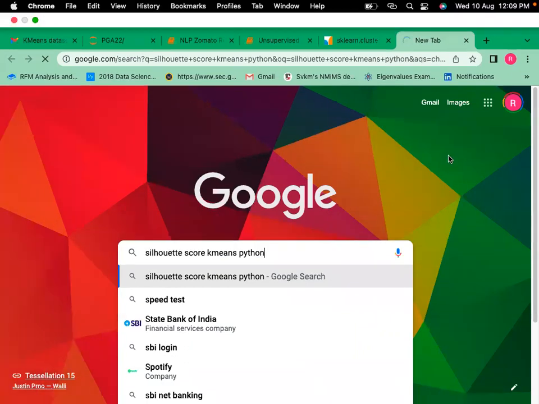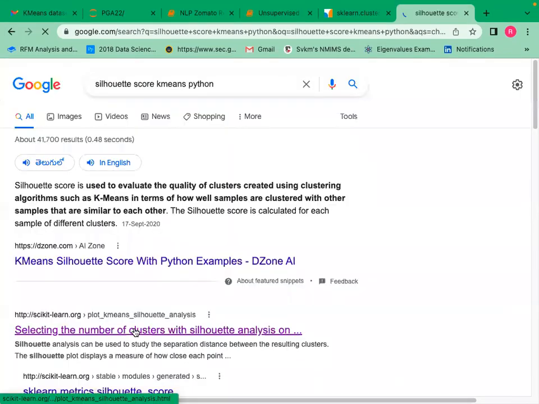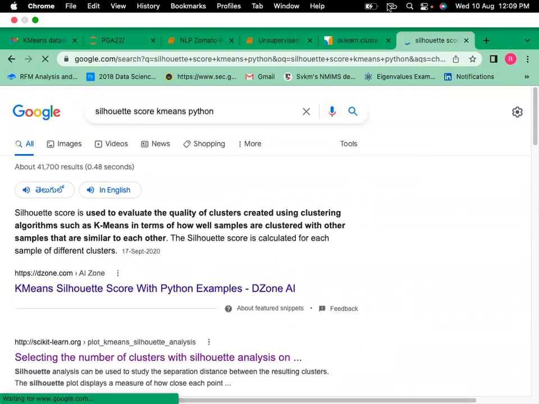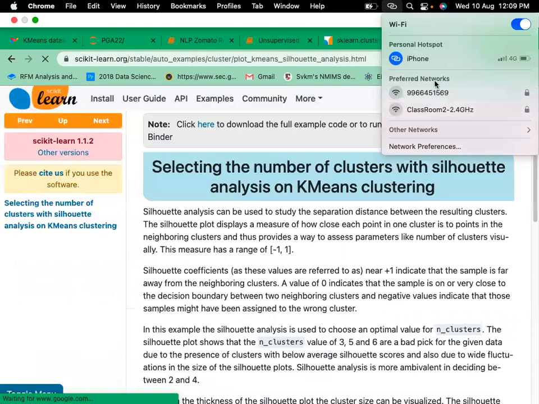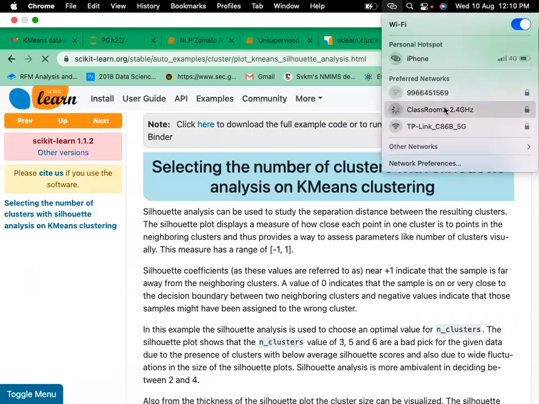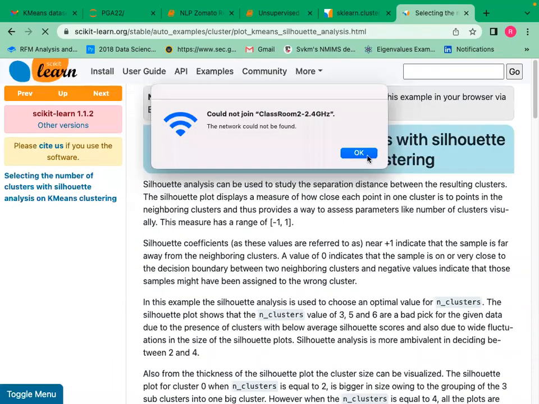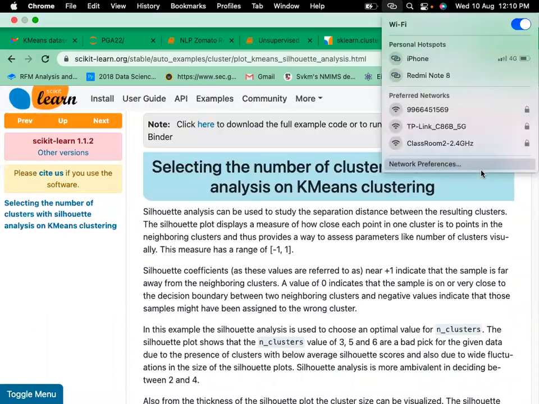Okay, internet is working. Working, huh? Okay, cannot join 2.4 gigahertz. But that is not visible, no? 5G, yeah?